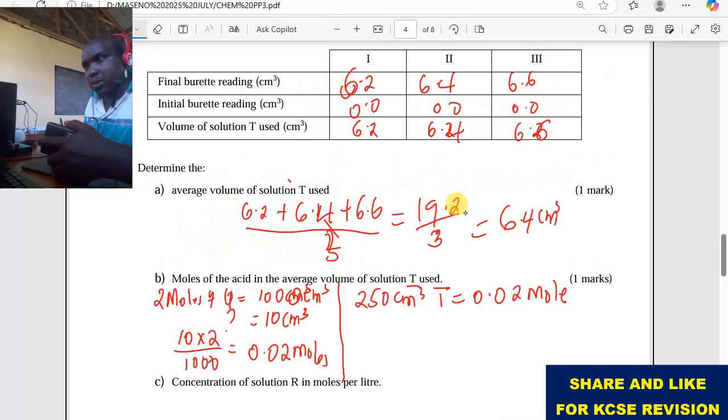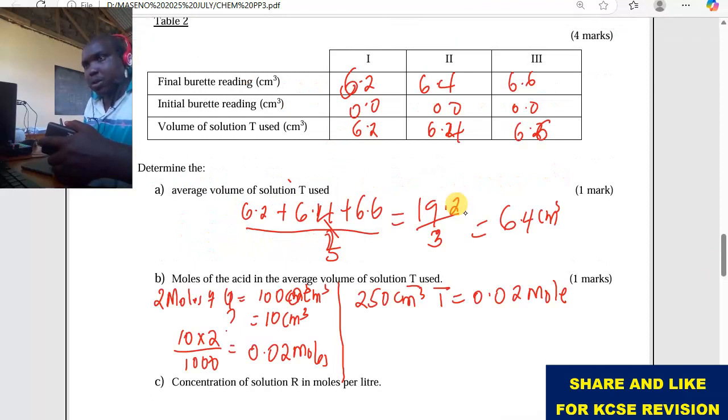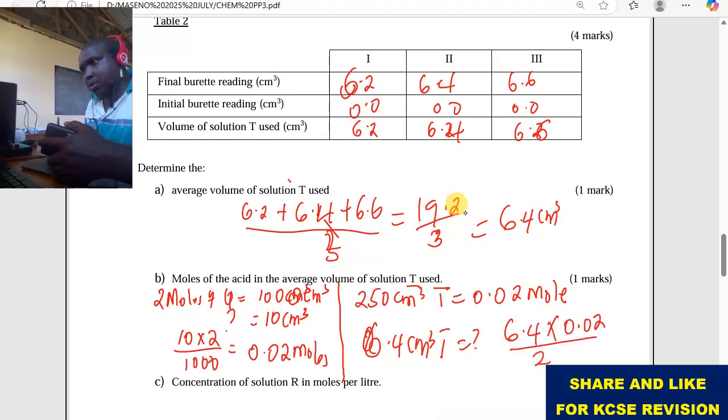So now the average volume, that is 6.4 centimeters cube of solution T, will contain how many moles? It is 6.4 times 0.02, divided by 250.